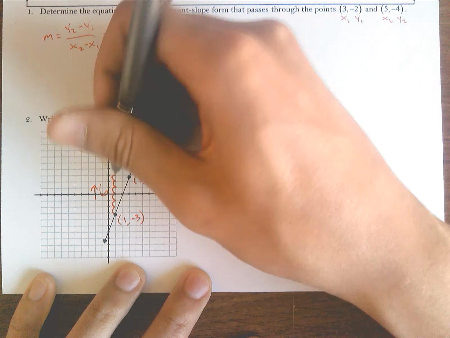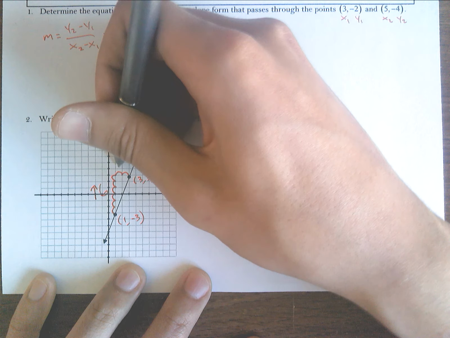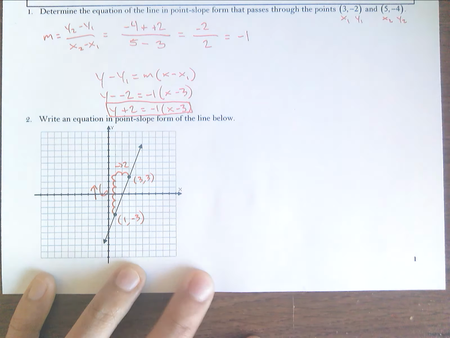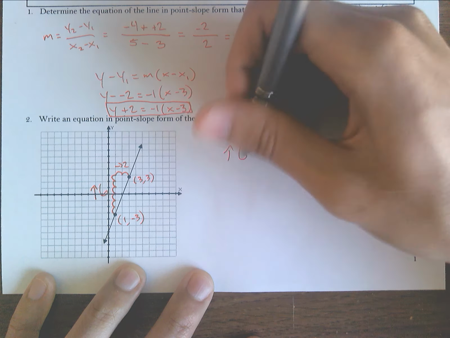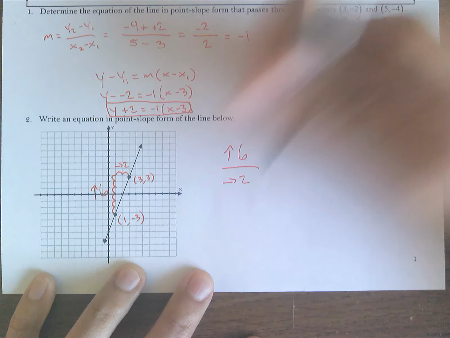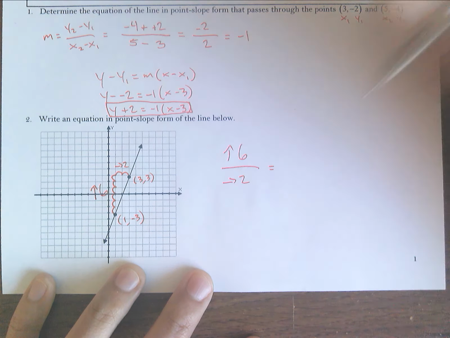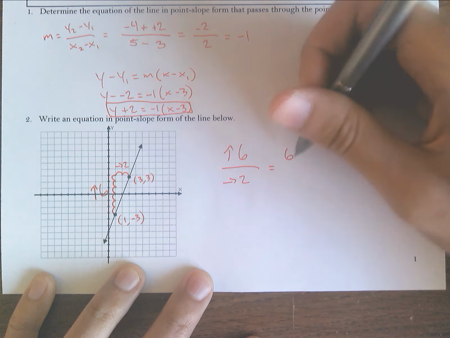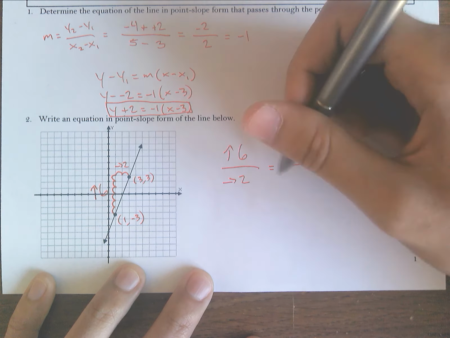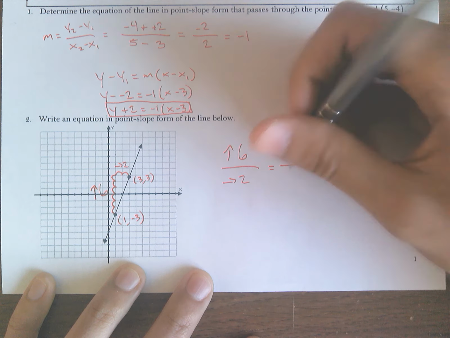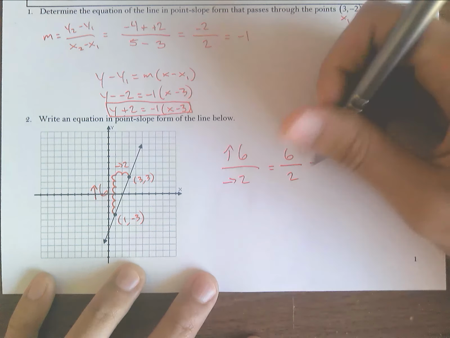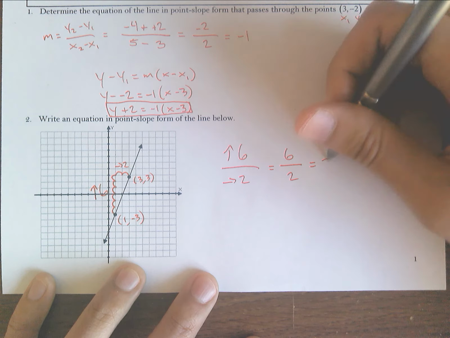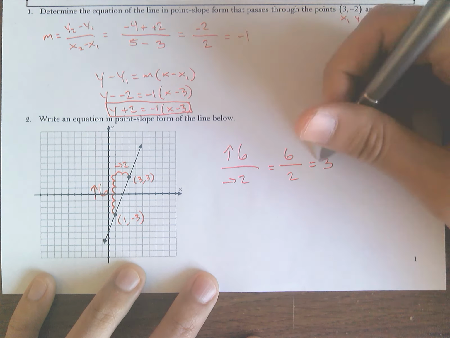Then we go right 1, 2, so right 2. Up is the positive direction, so positive 6, and right is the positive direction in x, so positive 2. 6 over 2 reduces to 3, or 3 over 1, just 3.